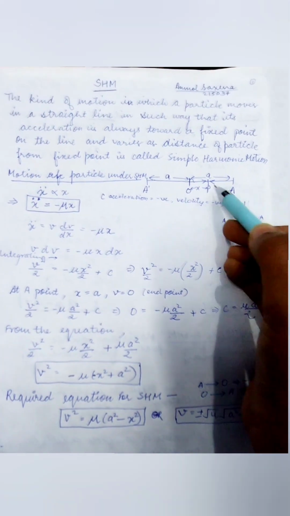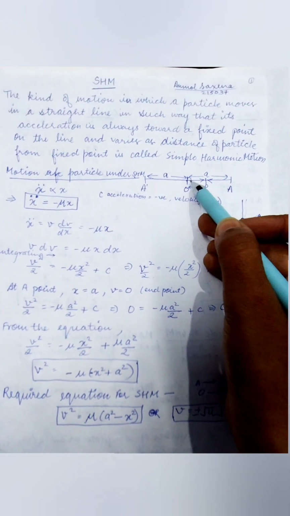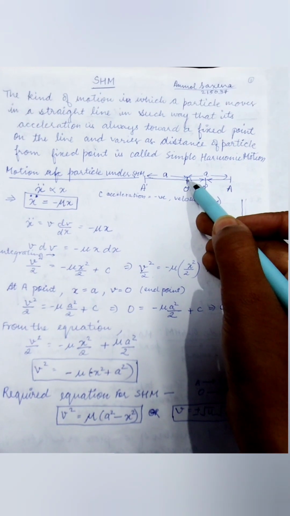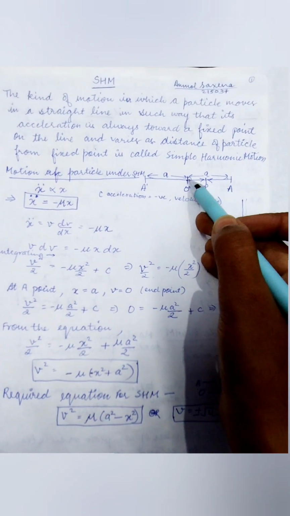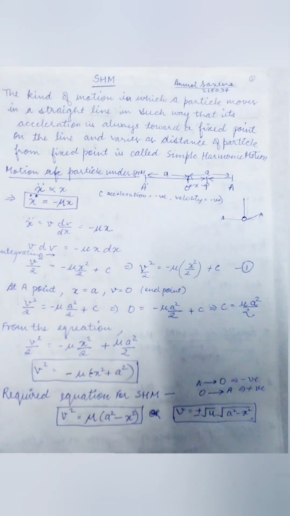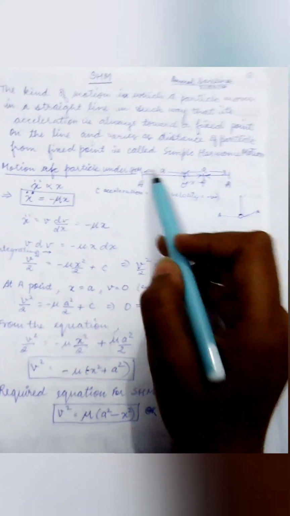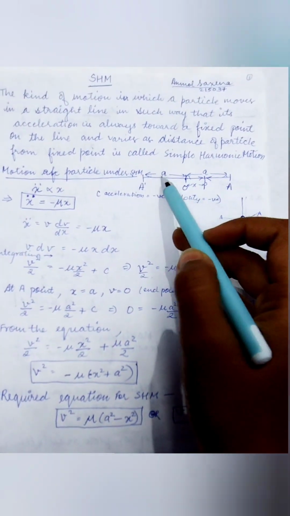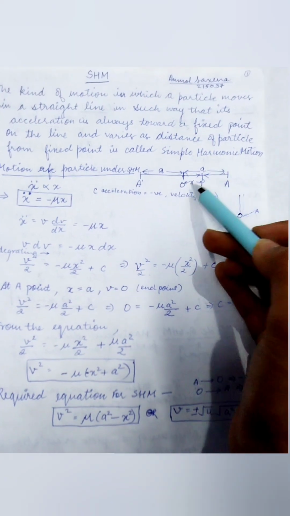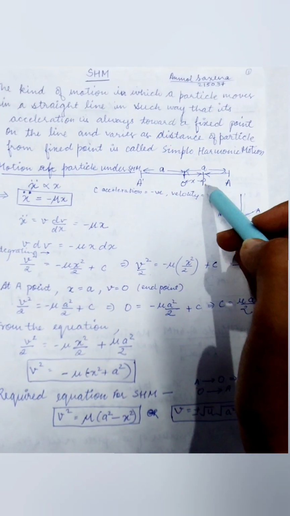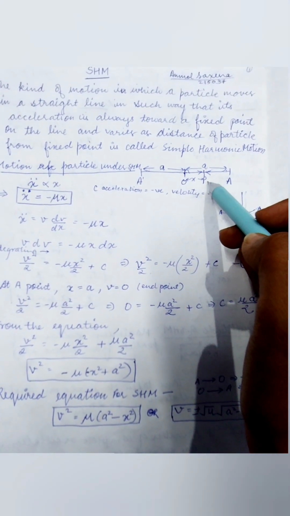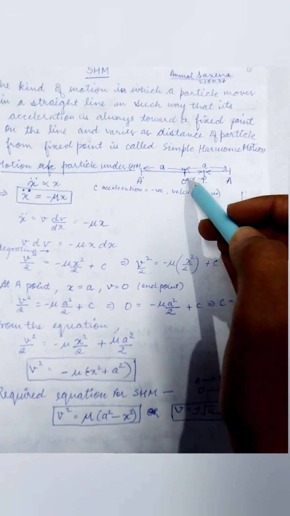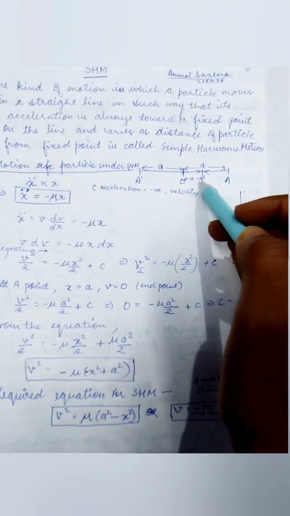So from O there are two cases. It will go from O to A and then O to A dash. The distance between these two points is identical, which is A and A. Let us discuss the position of the particle at point P, which is x distance from the point O.